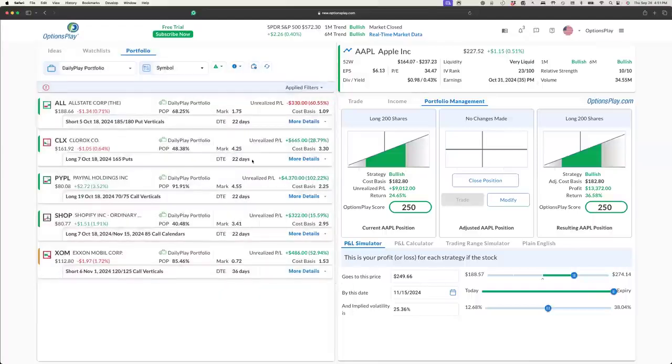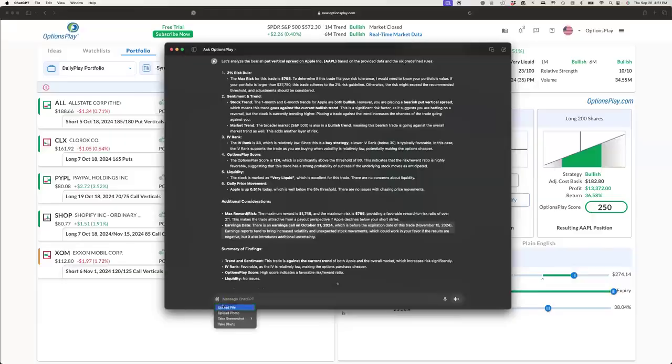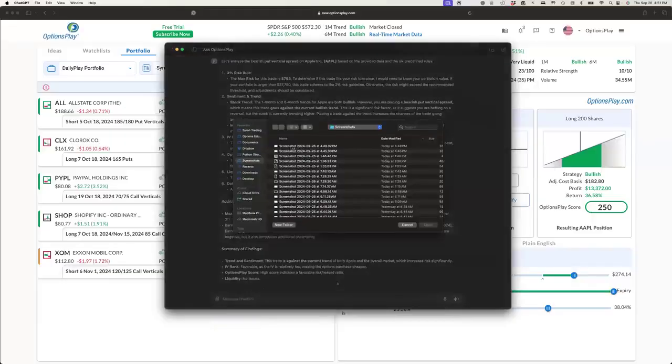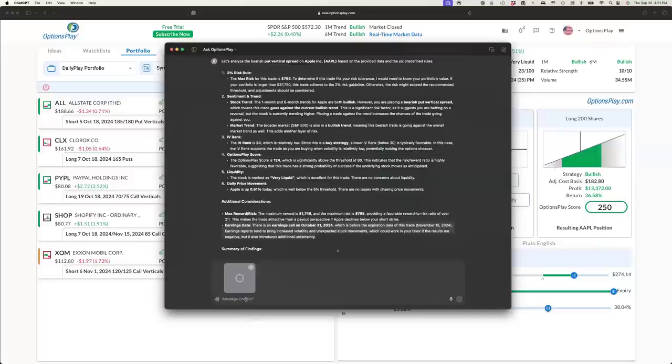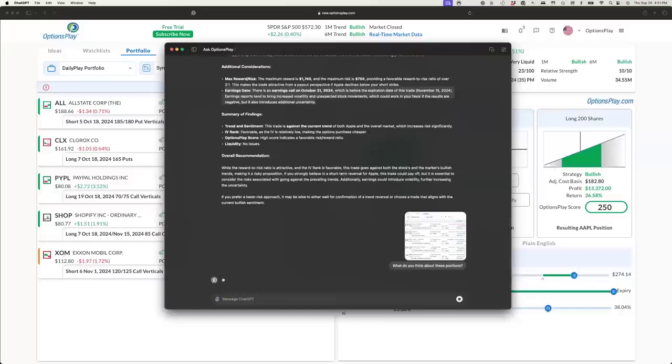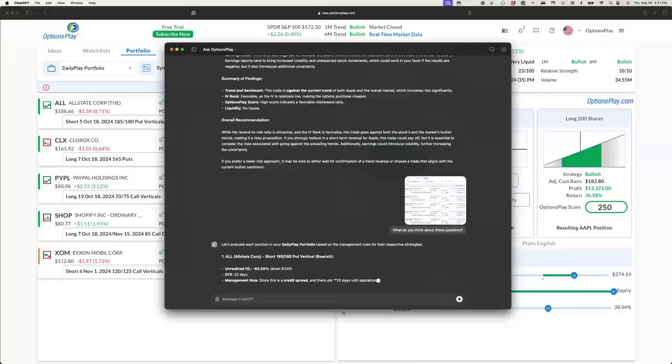I'm going to do that right now, and upload it into our custom AI bot. We'll basically say, what do you think about these positions? So a simple prompt, and it will evaluate the positions across the rules that we have.